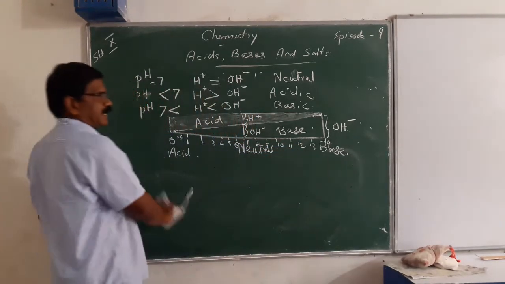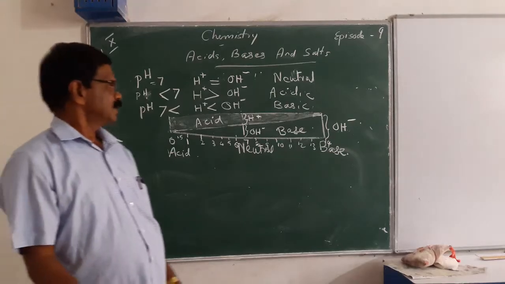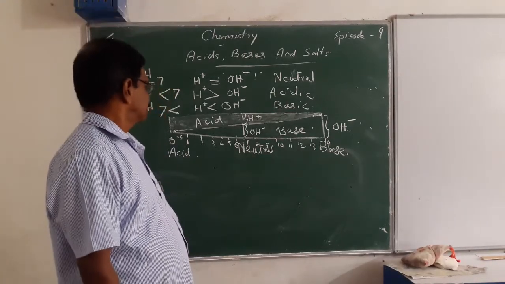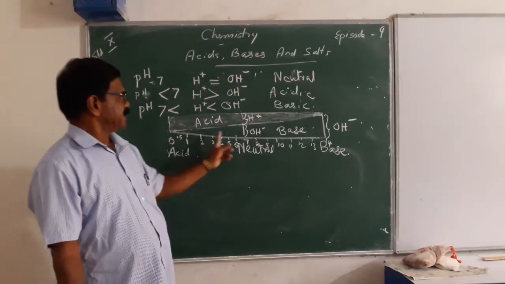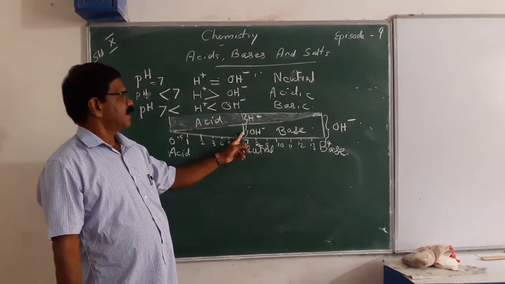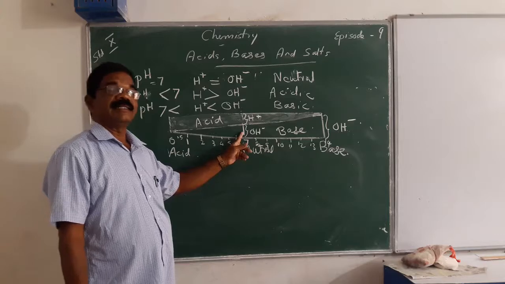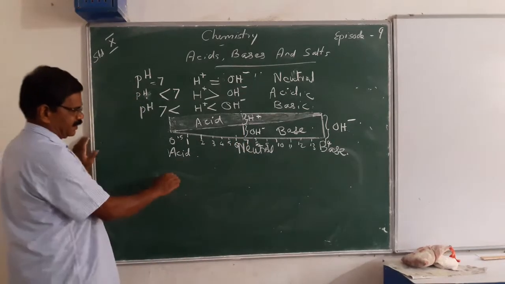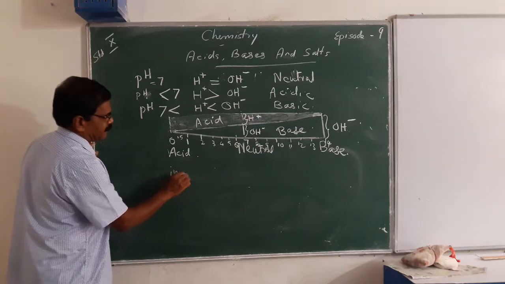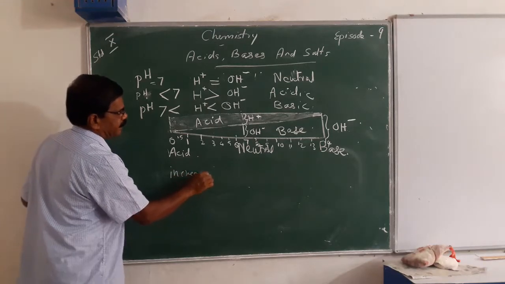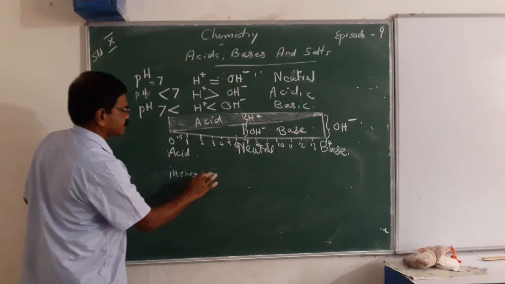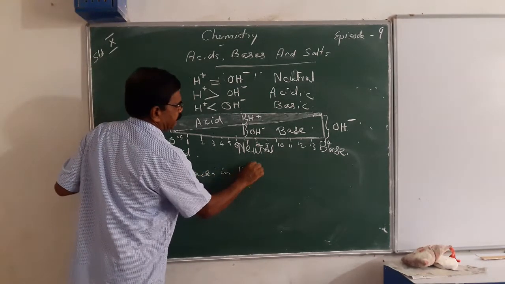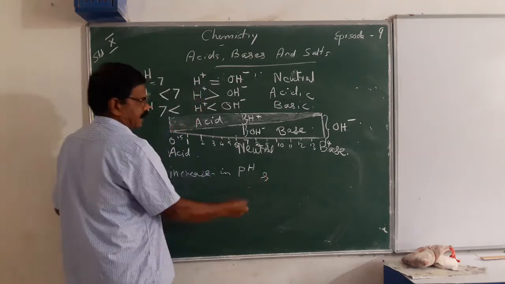Then a question arises. What is the relation between an increase in pH and the acidity? Do you understand? What is the relation between an increase in pH and acidity?